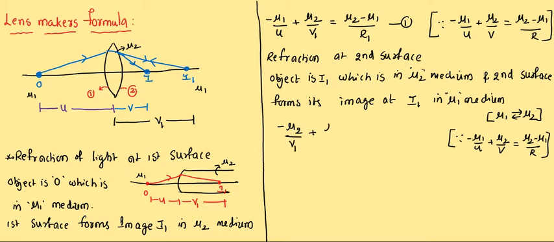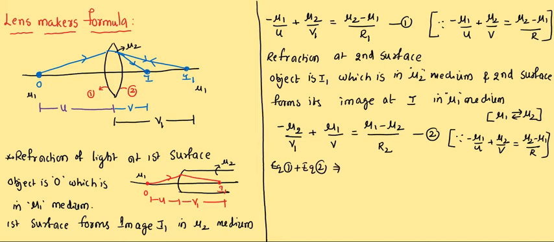Image is in Nu1 medium, image is I, image distance is V, with Nu2 replaced by Nu1 and Nu1 replaced by Nu2 because the mediums are changed. Radius of curvature is R2. This is equation 2.